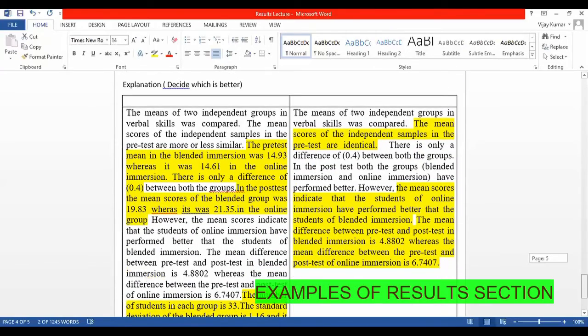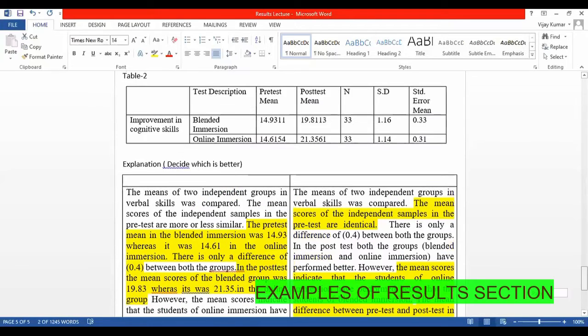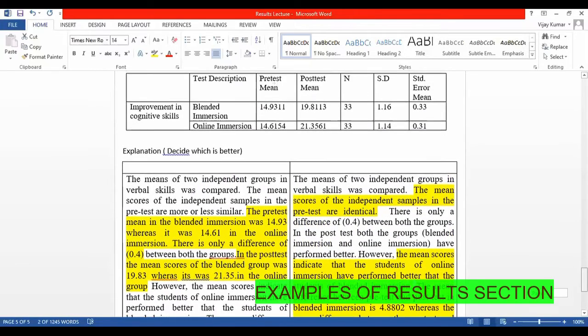See, look at my first explanation. I'm just describing what is in the table. Let me read what is highlighted. The pretest mean in the blended immersion is 14.93 and the pretest mean in the online immersion is 14.61. And I've also said there is only a difference of 0.4 between the groups.